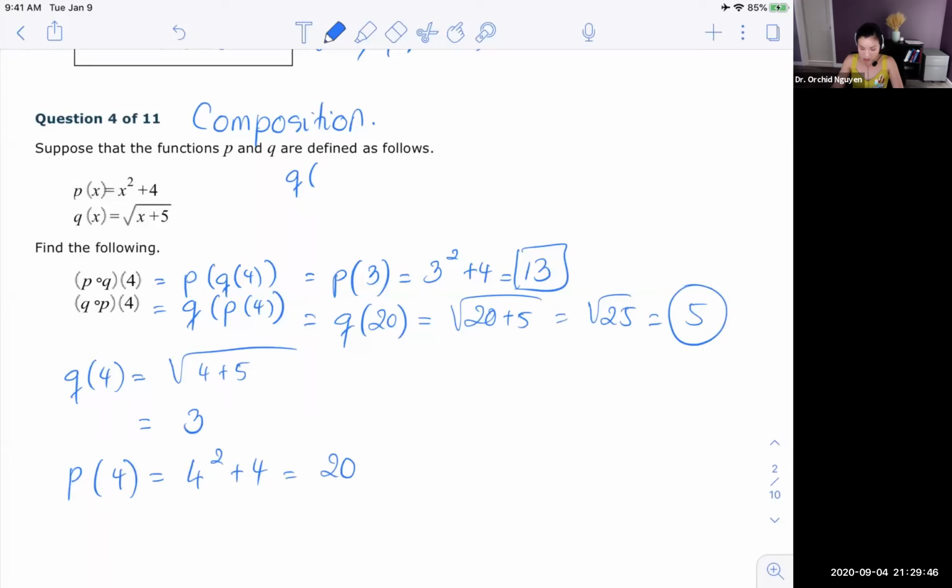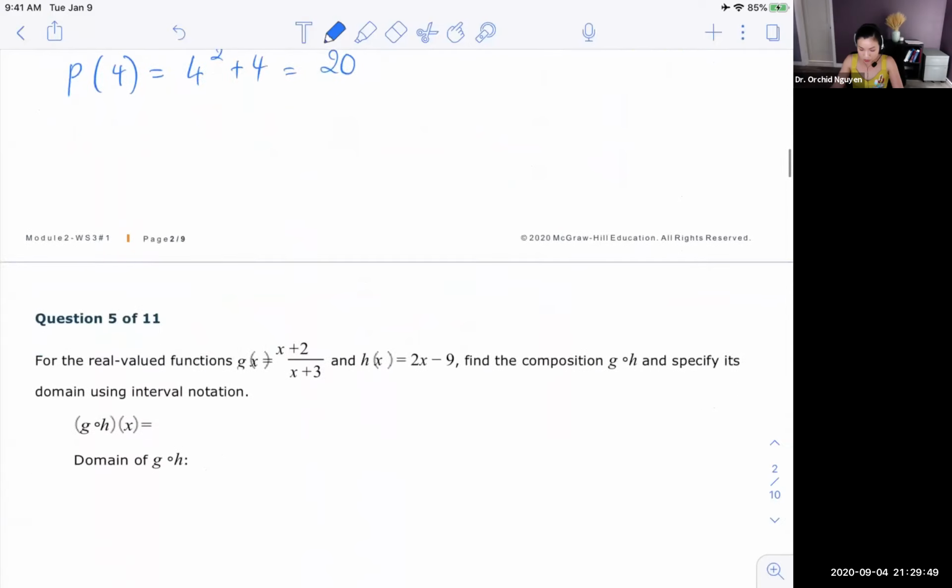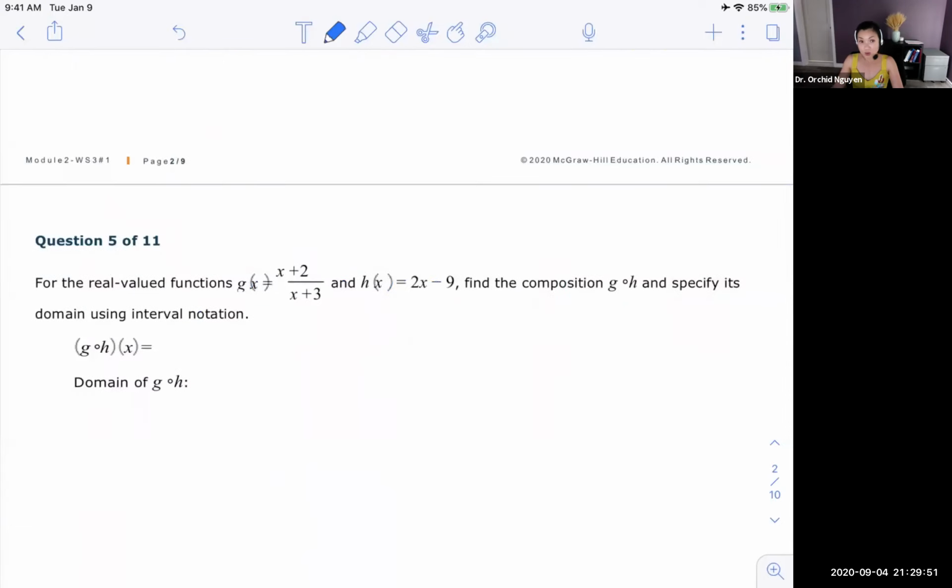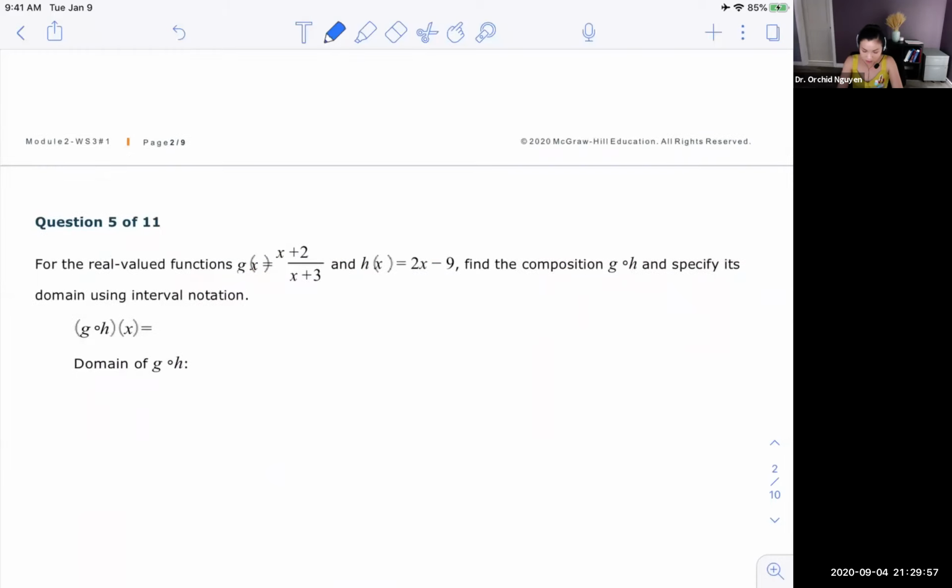Okay. All right, moving on to this problem right here. Once again, we have a fraction, and then we try to find the composite g of h of x. So we take h of x and plug it in for g.